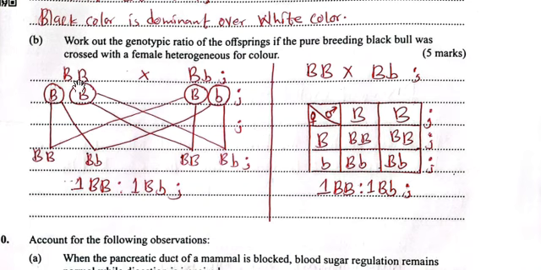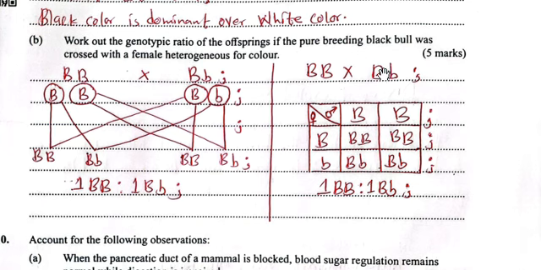The gametes, capital B. Then the lines should not pierce through the gametes. Then we have fusion. And these are the genotypes of the offsprings. Then they've said the genotypic ratio, that is 1 homozygous BB to 1 heterozygous Bb.